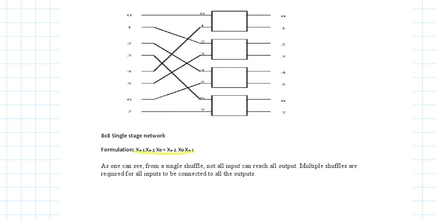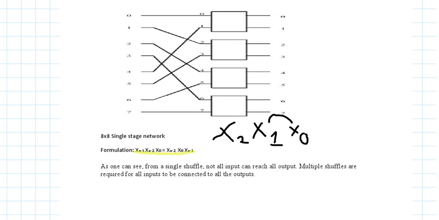So how does it go? Say you have a number x2 x1 x0. You will rotate every bit towards its left, or shift every bit towards its left by one position. That means you will shift x0 and replace x1 by x0.